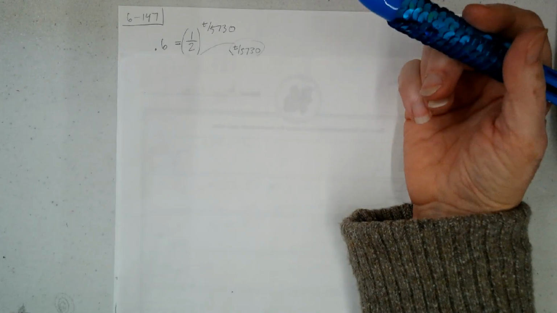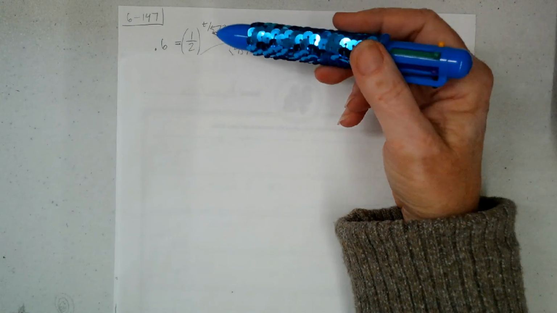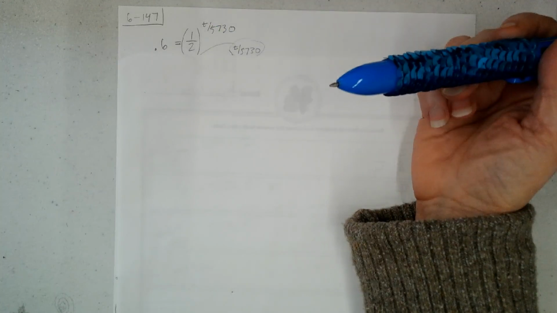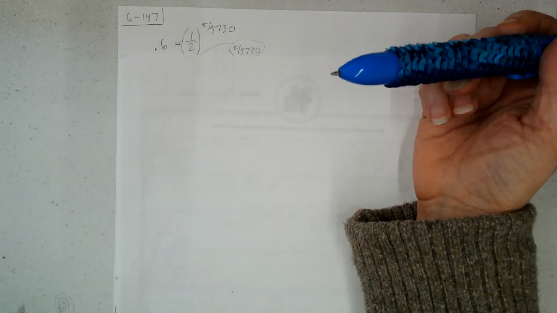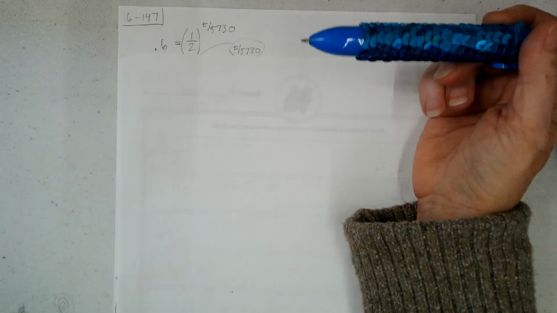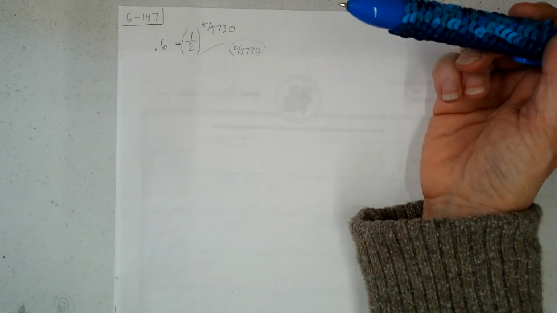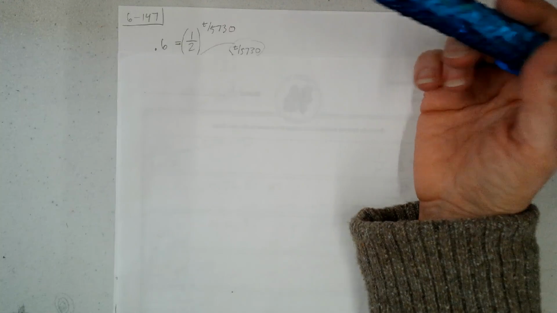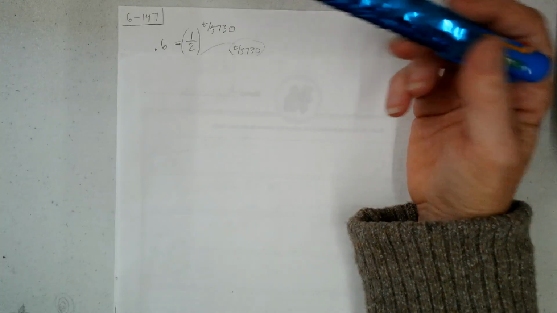And that's because every year, well, maybe this is a better way to say it. If I were to plug in 5,730 years, wouldn't I end up with a half? With half of the 1, and isn't that the half-life? So maybe it makes sense to say it that way.